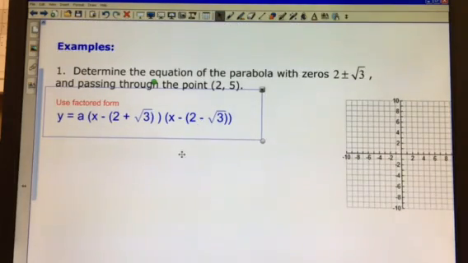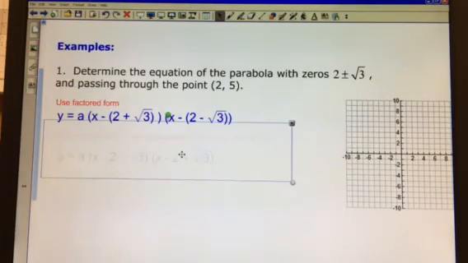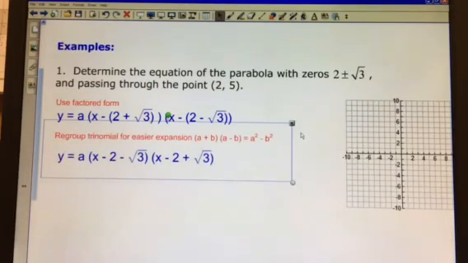Now, in order to simplify this more easily, you're going to regroup. So take out the brackets so that you have y equals a times x minus 2 minus root 3, x minus 2 plus root 3. Because we can find the difference of squares pattern among the two trinomials here.